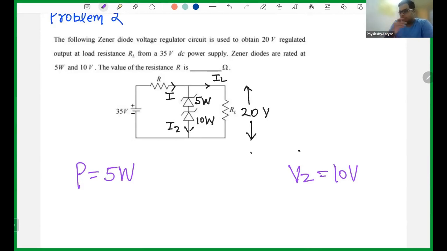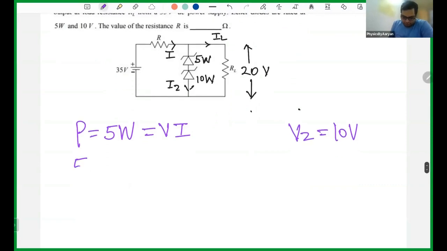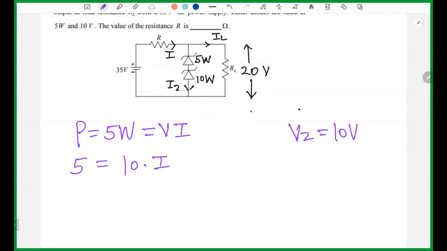Now, can anyone tell me the formula for power in a circuit? VI, voltage times current, right? So what is the maximum current through the diode? The power is 5. Voltage is 10. So how much current can flow through the diode? Half. Okay.